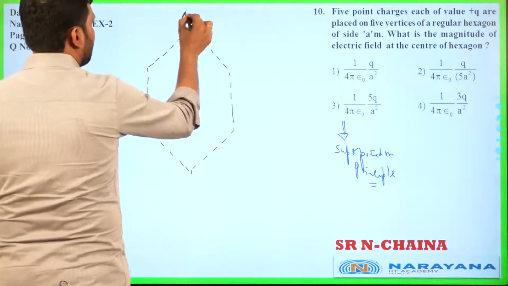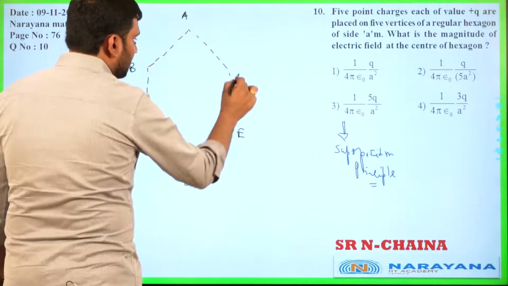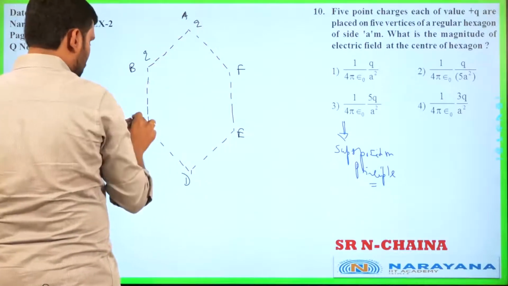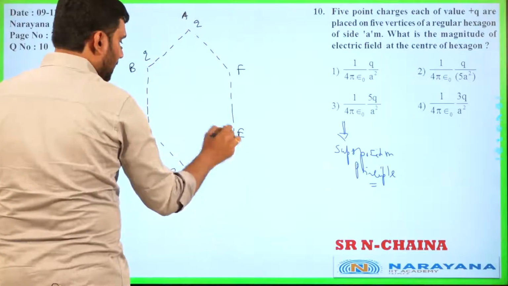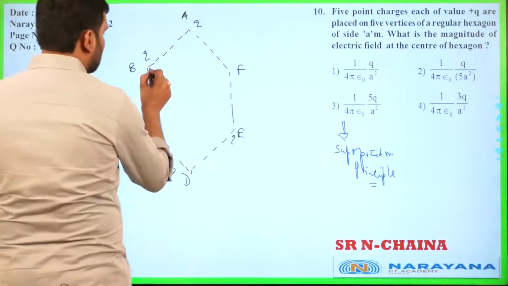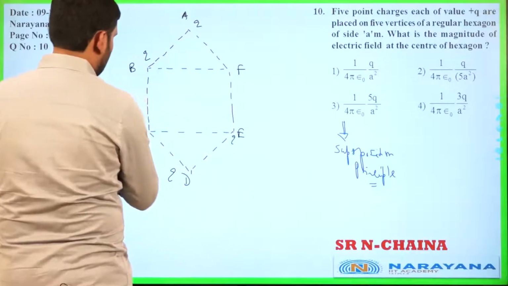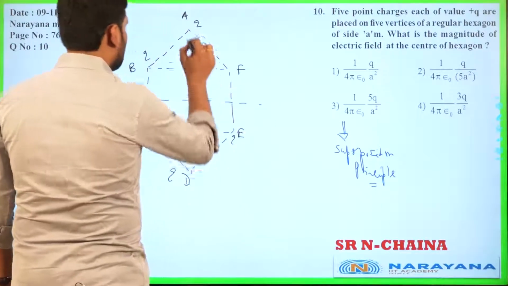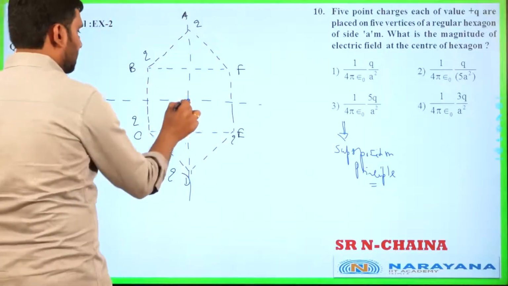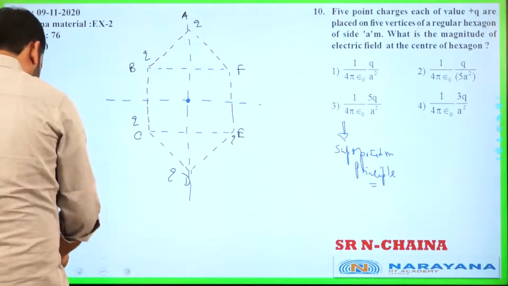So this is A, B, C, D, E, F, right? Everywhere charges Q. And let us assume that this is the center of the hexagon, right? Now everyone check it out. Look carefully.